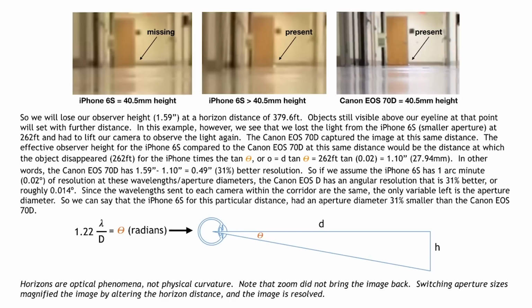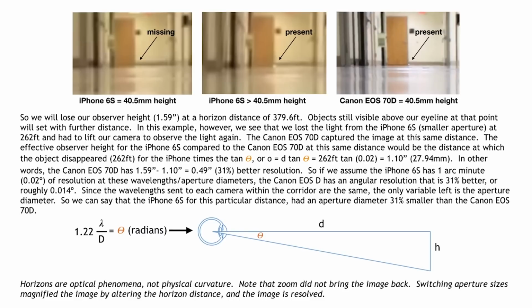In other words, the Canon EOS 70D has a 1.59 inch minus 1.10 inch, or roughly half an inch, or 31% better resolution. So if we assume the iPhone 6s has 1 arc minute of resolution at these wavelengths and aperture diameters, the Canon EOS 70D has an angular resolution that is 31% better, or roughly 0.014 degrees.